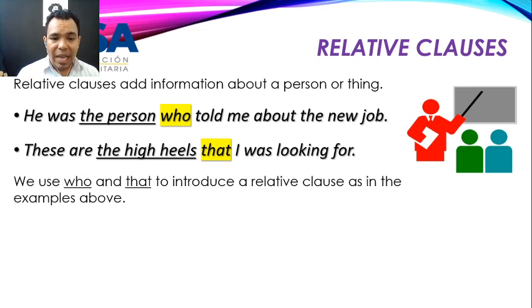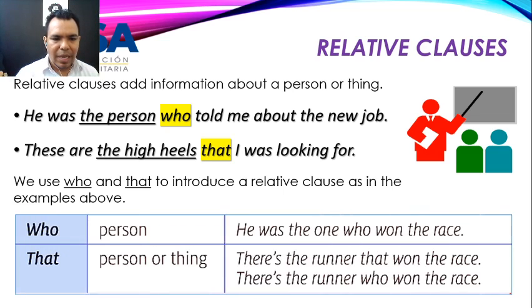We use who and that to introduce a relative clause and add additional information, as in the examples I just mentioned. We use who to introduce information about a person. He was the one who won the race. Or I use that to give more information about a person or a thing.